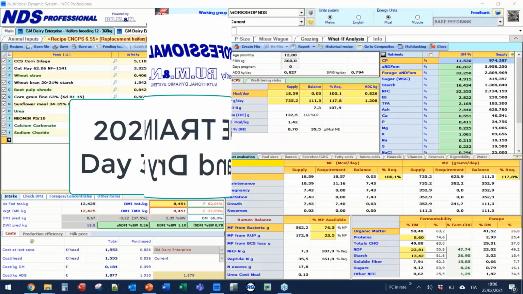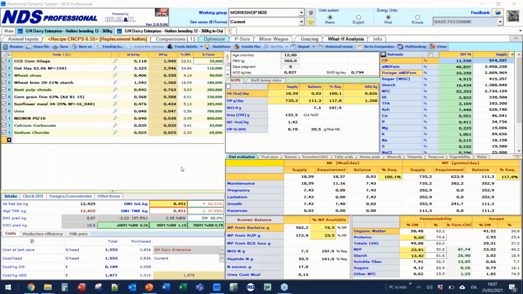In addition to adult cows, the CNCPS is largely used for replacement heifers enterprise. And our goal now is to show how to use efficiently this piece of the platform.